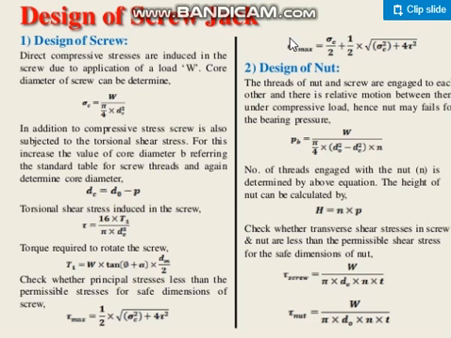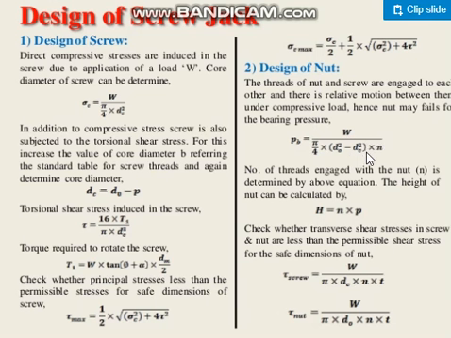Next is the design of the nut. Now we know DC, and this DC will be the same here also, and this DO will be the same. What is not known in the nut is how many threads should be inside the nut.